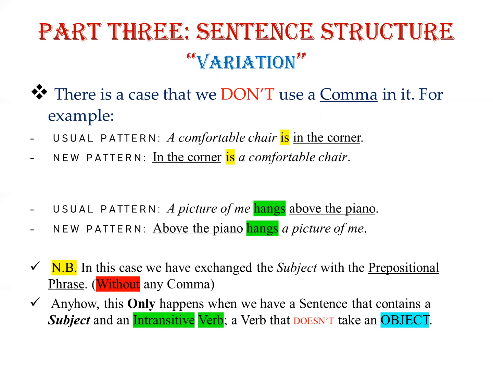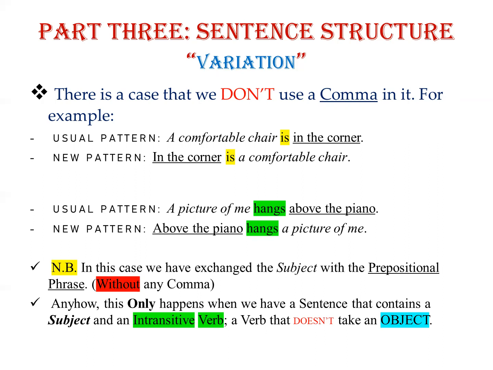So when you have a verb that doesn't take any object, with the subject before it and a prepositional phrase after it, you can exchange them and create a new pattern by putting the prepositional phrase first, then the subject at the end.